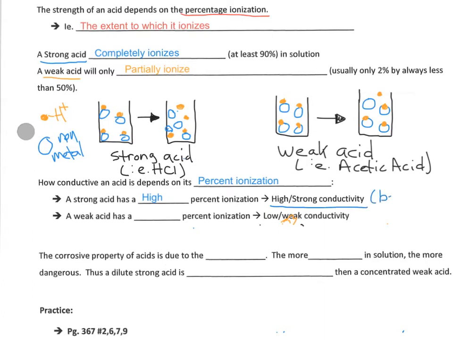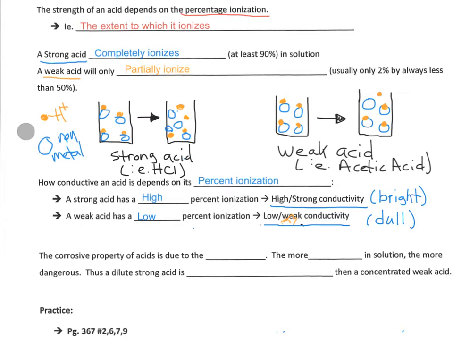It made the light bulb really bright. Our weak acid, though, has a really low percent ionization, so it has a really low or weak conductivity. And the light bulb, when you checked this conductivity, was really dull.